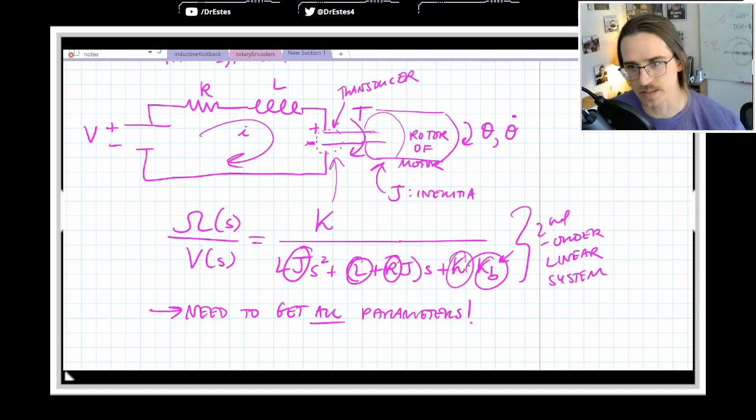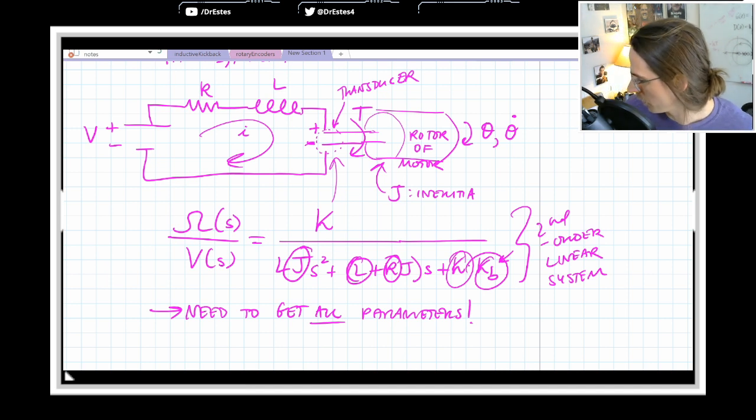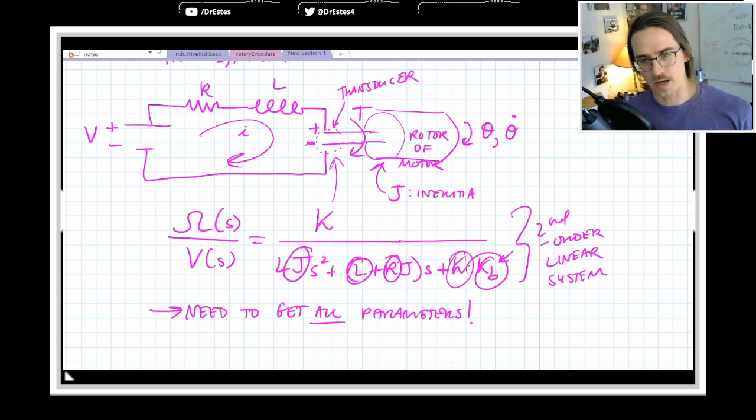You'd have to disassemble this motor, I'm imagining, to get the rotor out. These kinds of models, you can get them on paper, but when it comes to using it to describe a real life system, you need all the parameters, and they're hard to get.